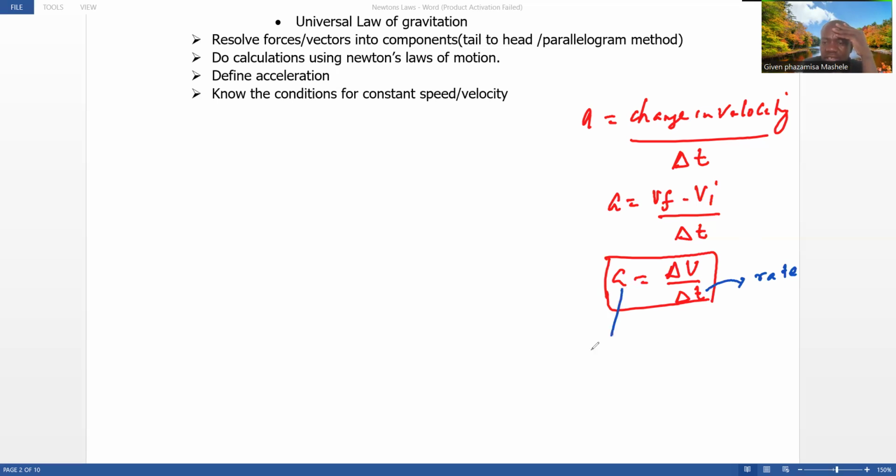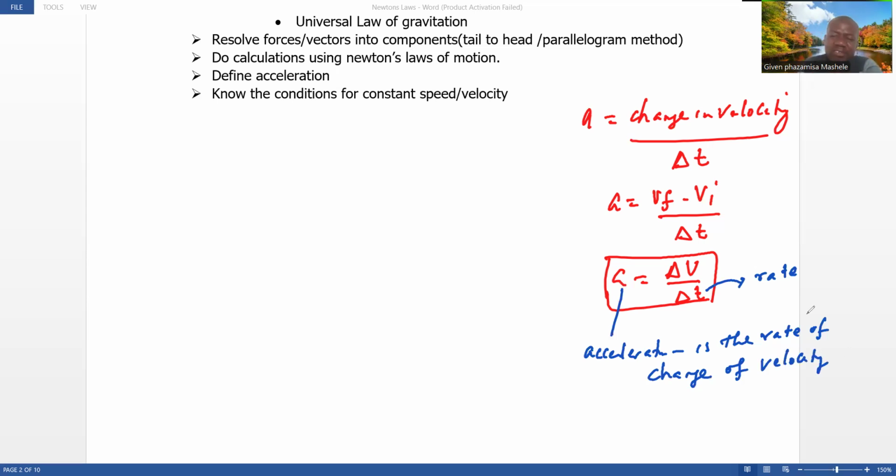So what is acceleration? Acceleration is the rate of change of velocity.